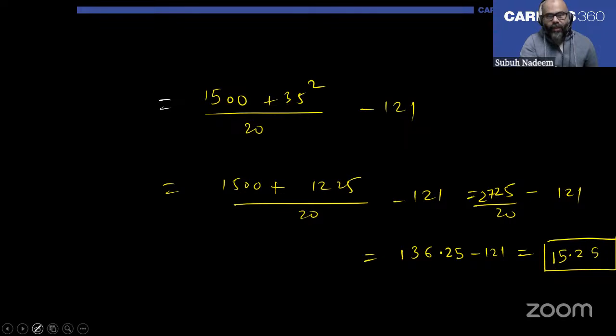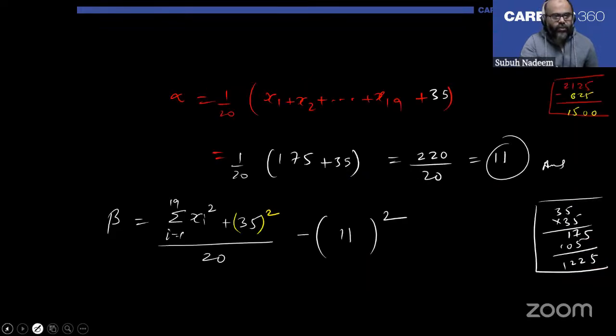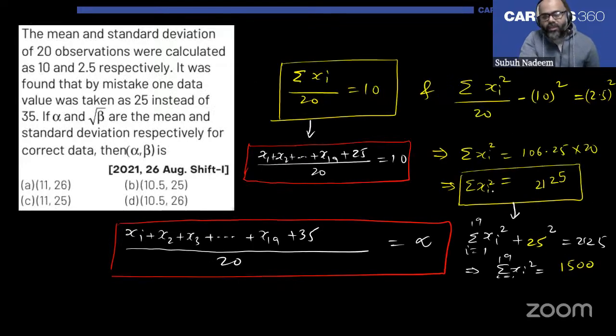But it is not matching any of the answers. I have to see once again. It is sigma of xi square by 20 minus 10 square. This is fine. This is 100 plus 6.25 into 20, so 2125 is fine.